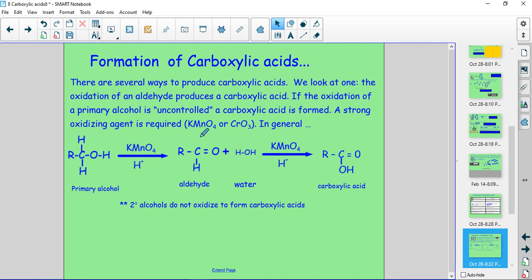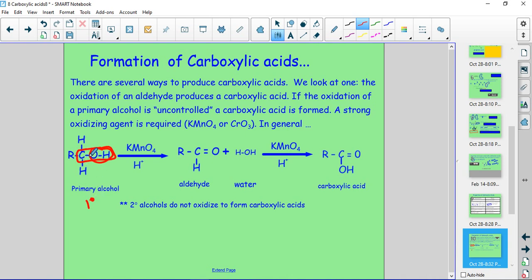Okay, so how you make carboxylic acids essentially involves an important reaction here. It's an oxidation reaction, so you need a primary alcohol for that to occur. Remember that primary alcohols are alcohols where the carbon with the OH group is attached to one other carbon. That makes it a primary alcohol, a terminal alcohol.